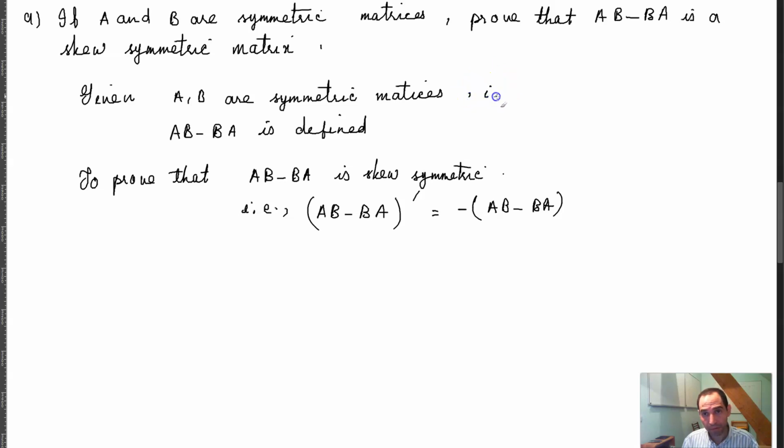That is, A prime is equal to A and B prime is equal to B. Of course, you can make a lot more assumptions here, meaning that you can assume that A and B are square matrices and so on and so forth, but we don't really need to think about every possible thing.